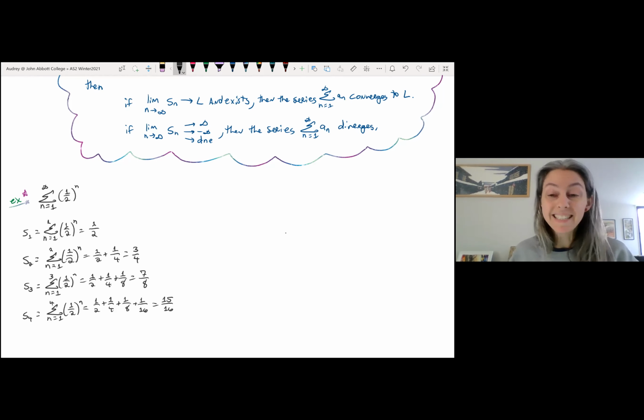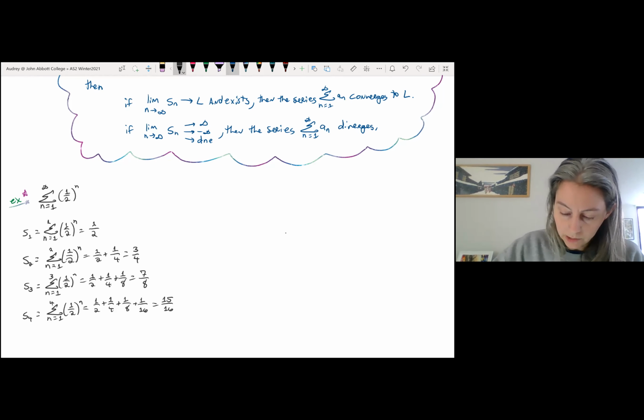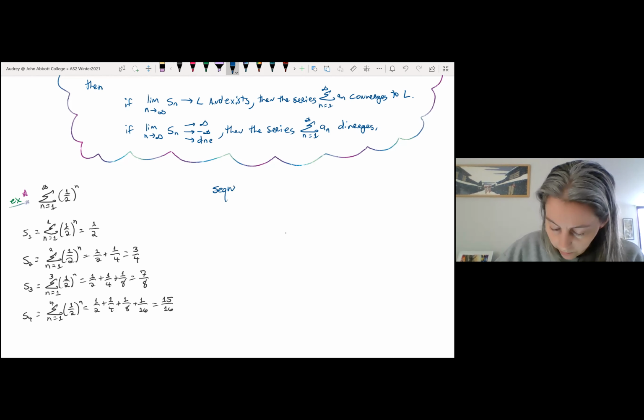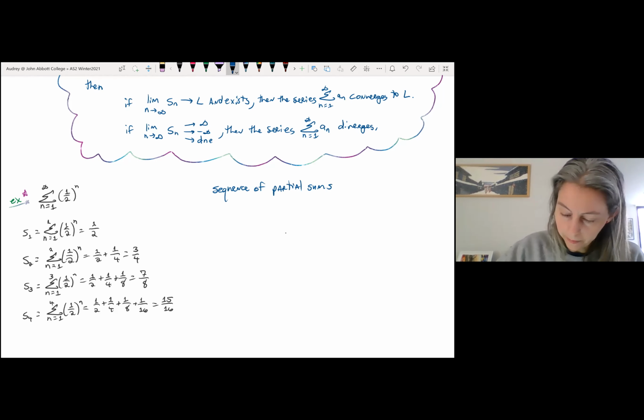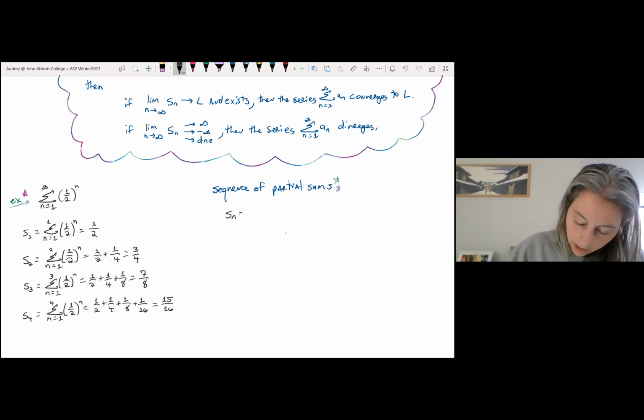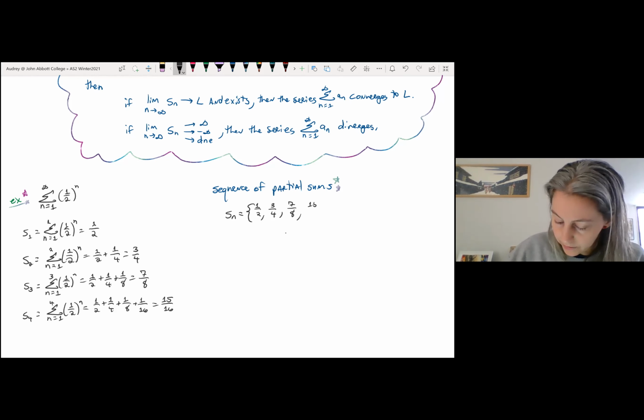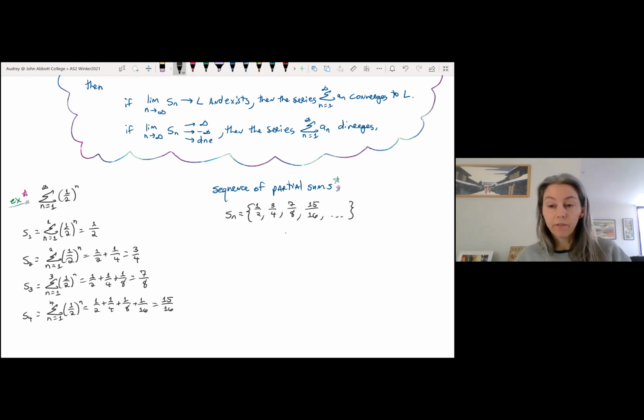So my sequence of partial sums, S sub n, is 1/2, 3/4, 7/8, 15/16, and so on and so forth forever.